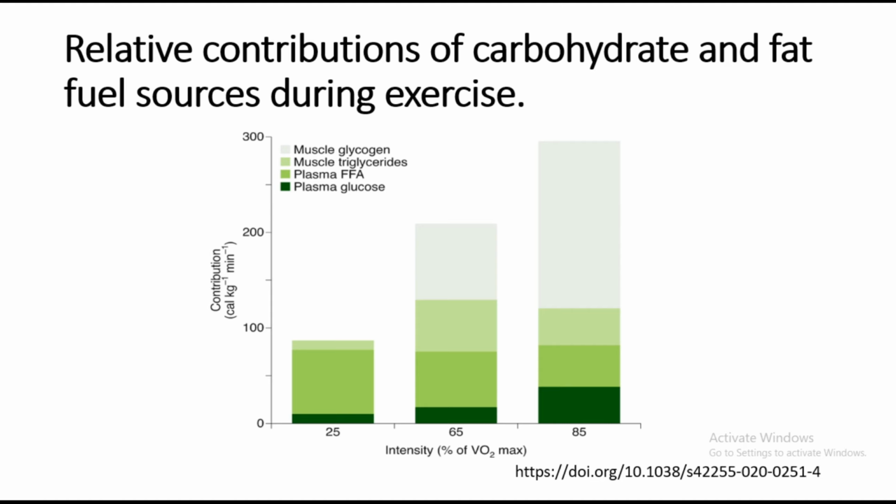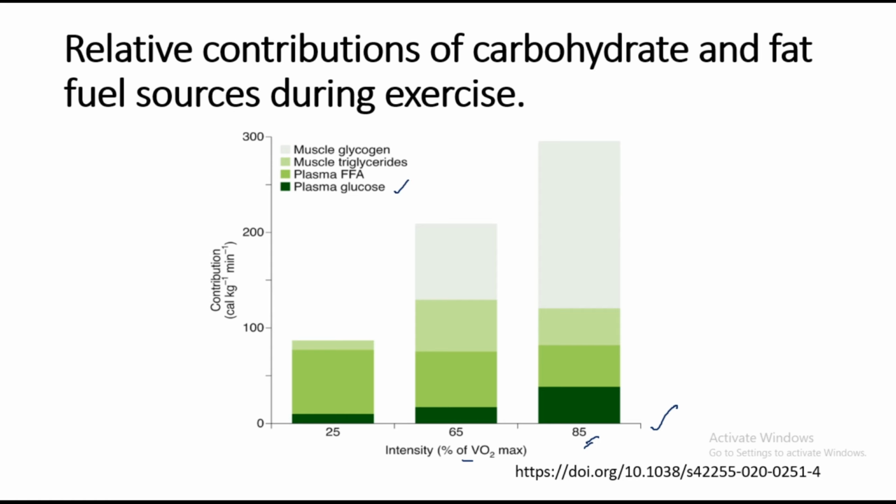As we increase the intensity of exercise, shown here as the percentage of VO2 max, from 25%, 65%, 50% approximately, and the anaerobic zone, that is 85% of VO2 max.